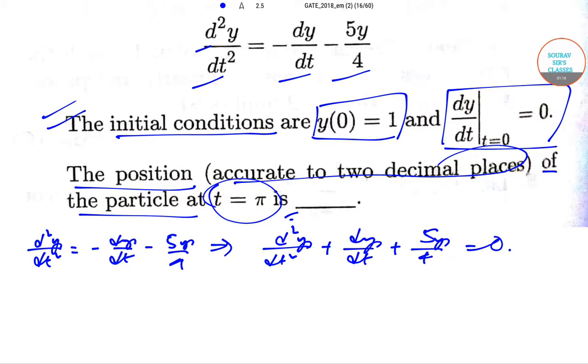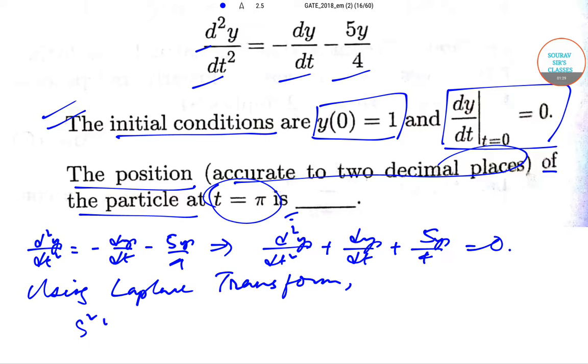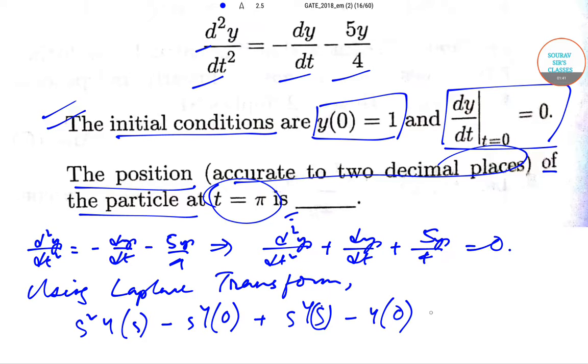And now using Laplace transform, we can write that s²Y(s) - sy(0) - y'(0) + sY(s) - y(0) + 5/4 Y(s) = 0. This is what we have got so far.